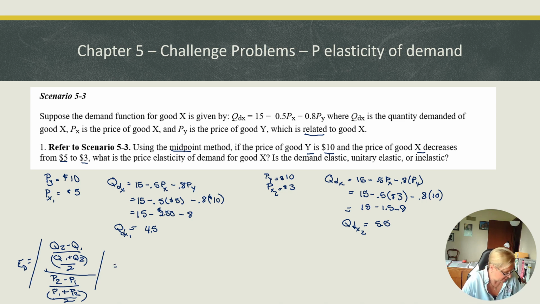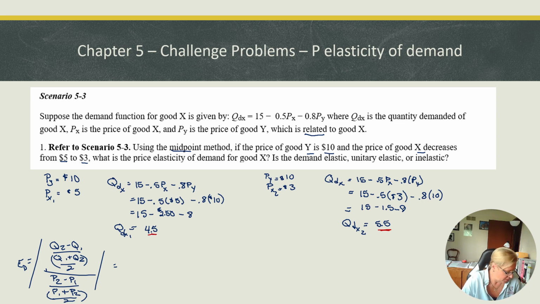So what we're going to end up with here, and let me change up colors just a moment, our Q2 is going to be 5.5 and our Q1 is going to be 4.5.